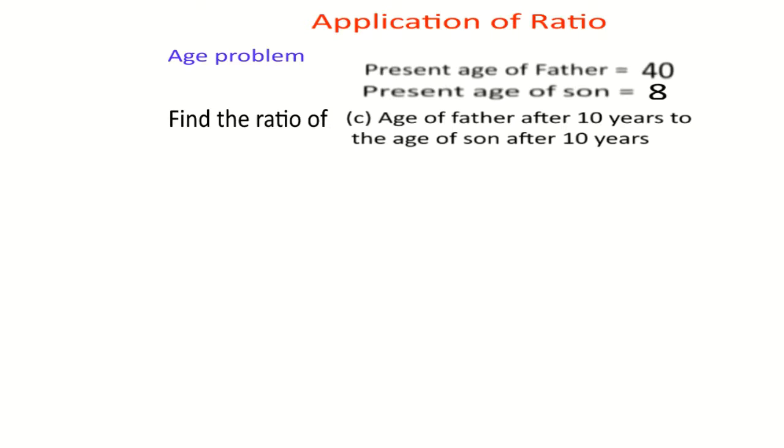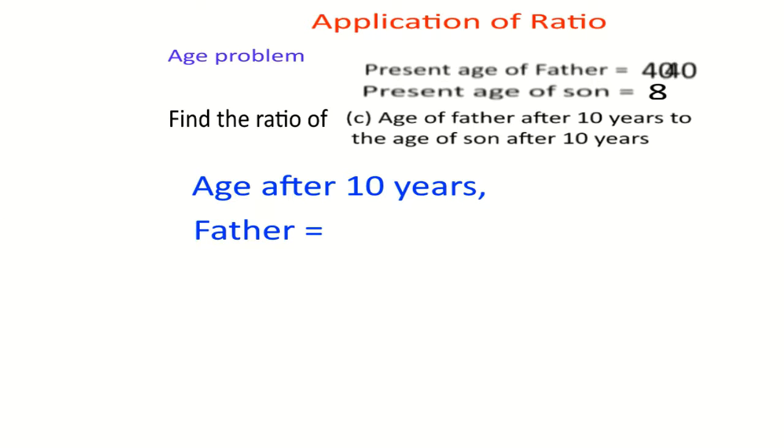Let us calculate their ages after 10 years. Age after 10 years means present age plus 10. Therefore father's age after 10 years is present age 40 plus 10, that is 50. And son's age after 10 years is present age 8 plus 10, that is 18.